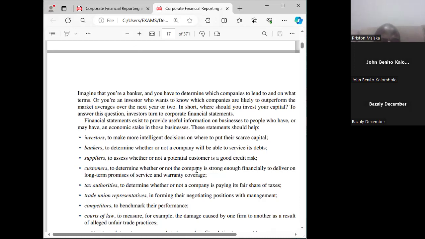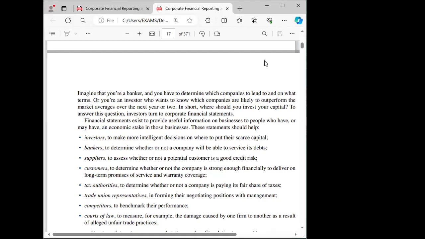So, why are financial statements important? Why do we have financial statements? That's what I would like to go over again. These financial statements are reports that are made for a purpose, and they are made for different stakeholders' information.